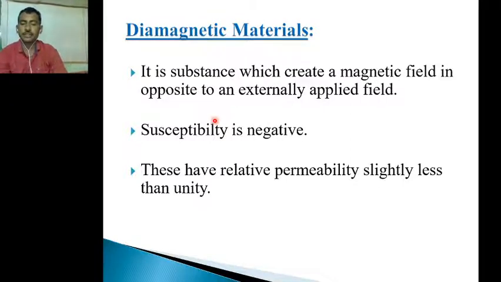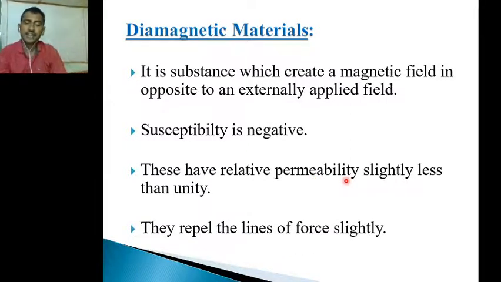relative permeability. For diamagnetic materials, the relative permeability is slightly less than unity, whereas in ferromagnetic materials, the relative permeability is very much greater than unity, and in paramagnetic materials, the relative permeability is slightly greater than unity. But for diamagnetic materials, the permeability is slightly less than unity, and they also repel the lines of force slightly.